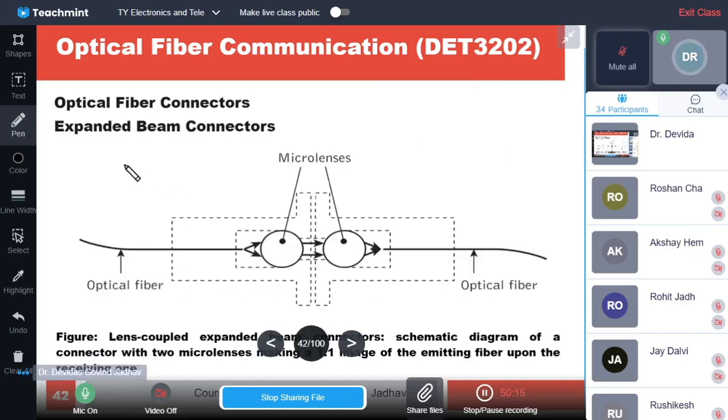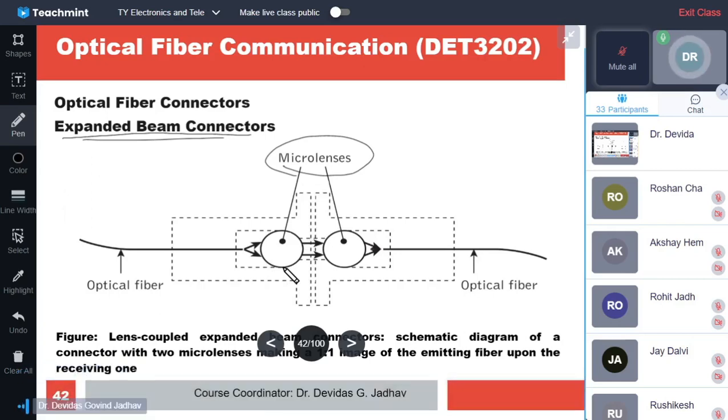So this is one of the practical expanded beam connectors. Now the micro lenses are achieved with some polished spherical lenses. Whatever conventional convex lenses are there, it is not possible in such a miniaturized fashion, because this is in the micrometric scale.